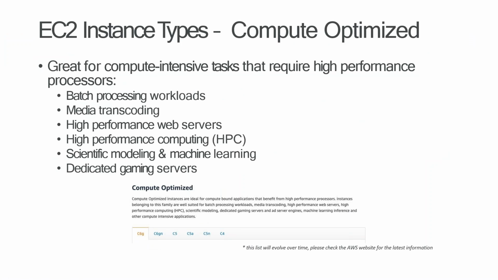Then we have compute optimized. Now you see there are these use cases. If you get these buzzwords in your question, the answer would be compute optimized. It is good for batch processing workloads, media transcoding, high performance web servers, high performance computing, dedicated game servers, and scientific modeling.